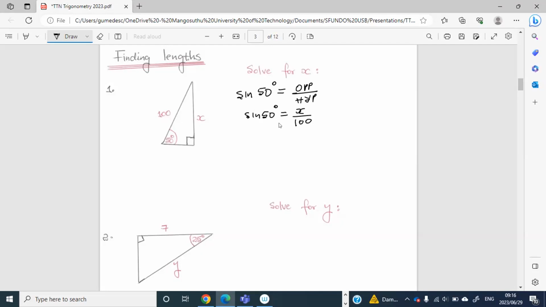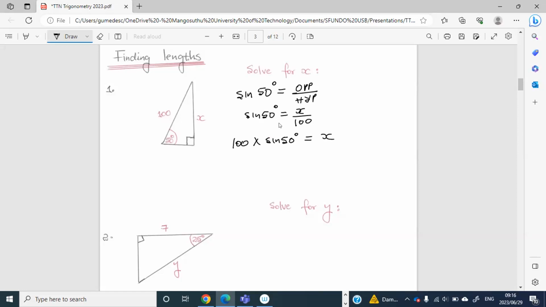And remember, if we want to solve for x, it means we don't want to have this 100 here. So what will we do? We'll multiply by 100 both sides, because this 100 is dividing here on the right. So it's 100 times sine 50 degrees equal to x.